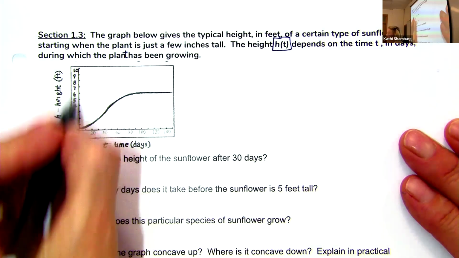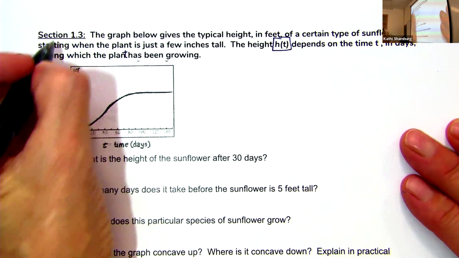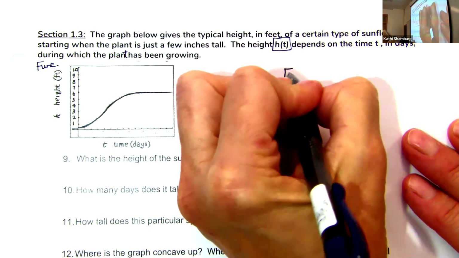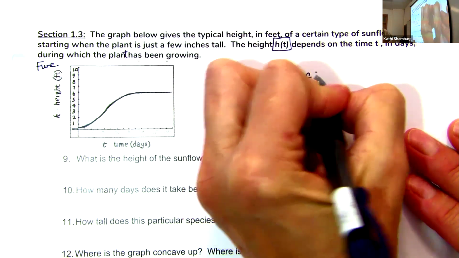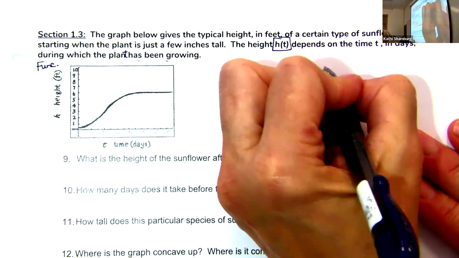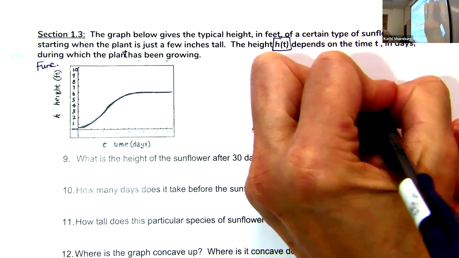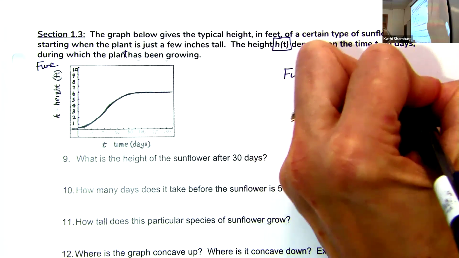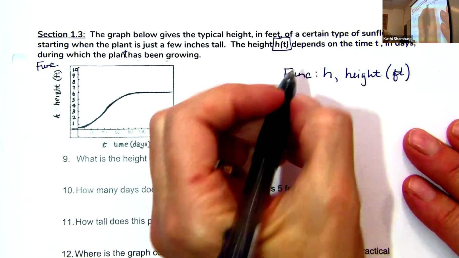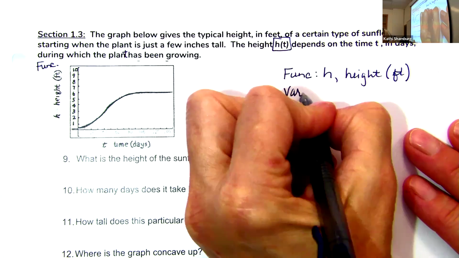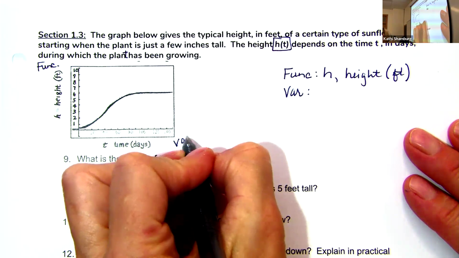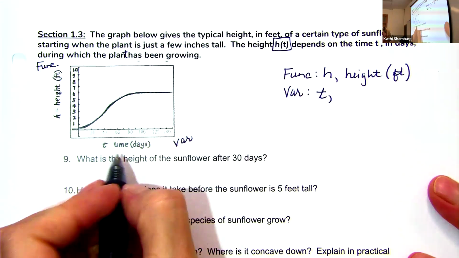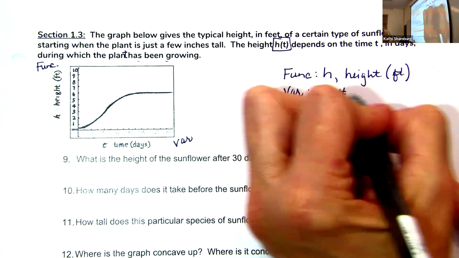What is always on the vertical? Function. Okay, so we know this is my function right here. Function is, they used H, which is height, and this is in feet. So then my variable is the horizontal axis, and that is T. And we're looking at number of days.